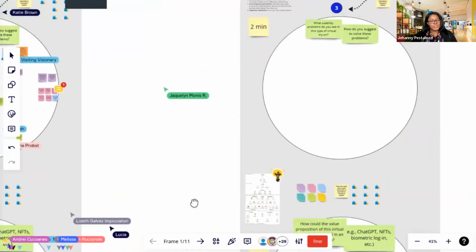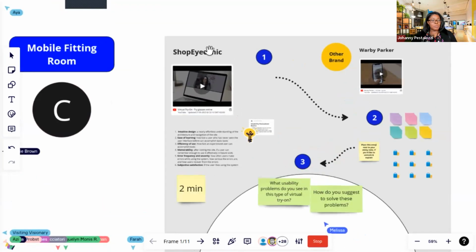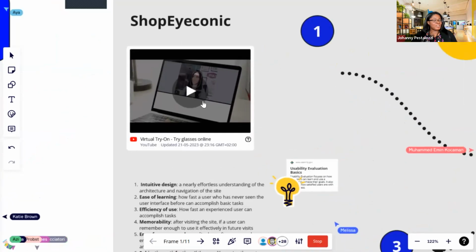Thanks. Good. So then let's quickly move on to the last type of try-on, which is mobile fitting room. It's not really a room, but it is kind of a virtual one.